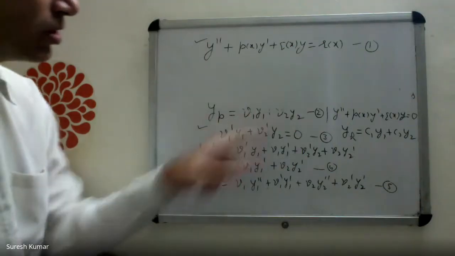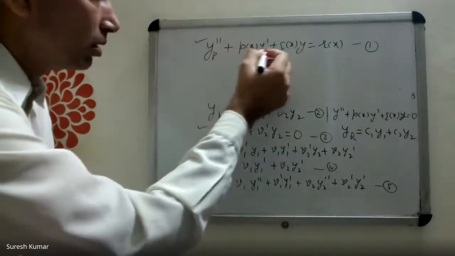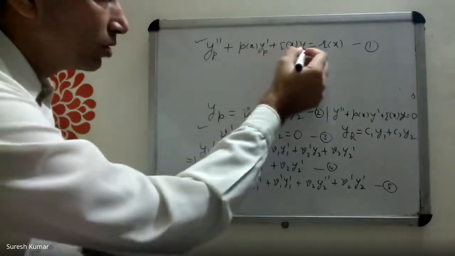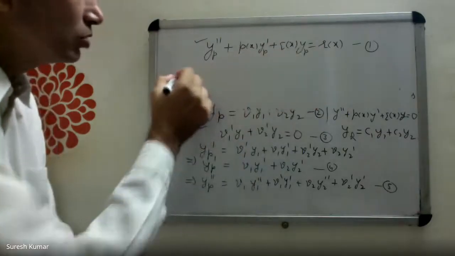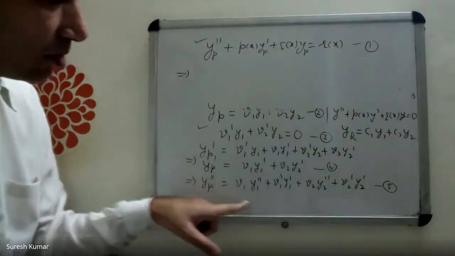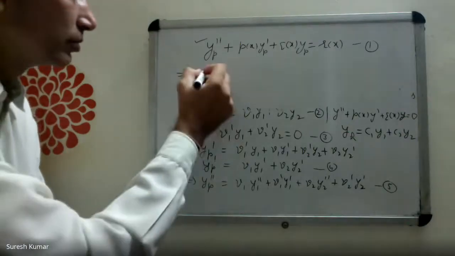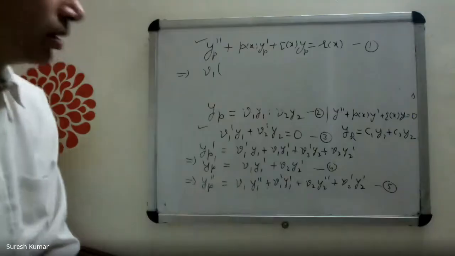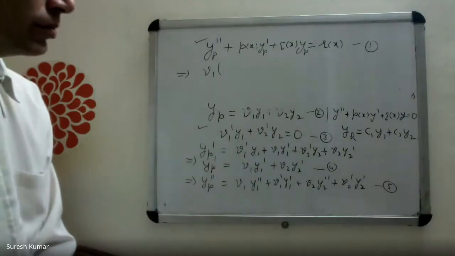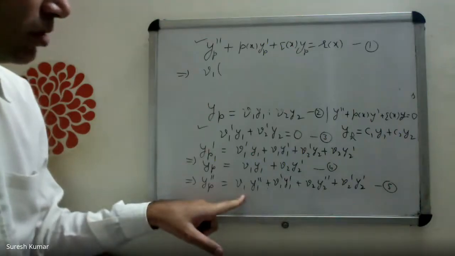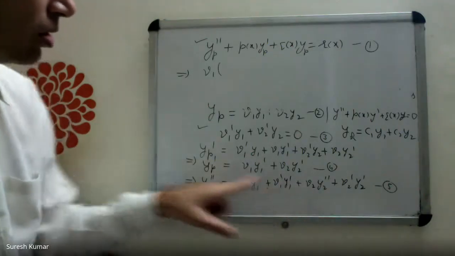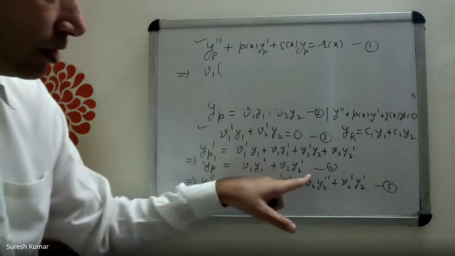Because yp is a particular solution, you can put y equal to yp throughout the equation. Now substitute values of yp double prime and yp prime into this. See what we get. Yp double prime is this whole expression, and this is multiplied by px.